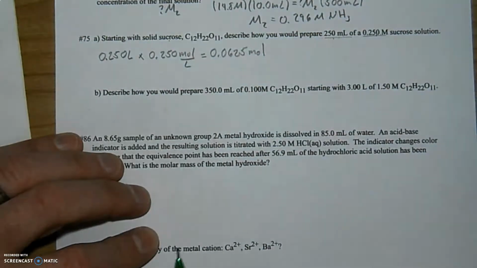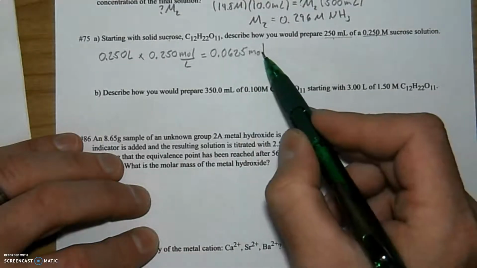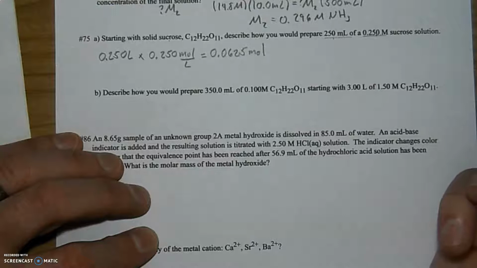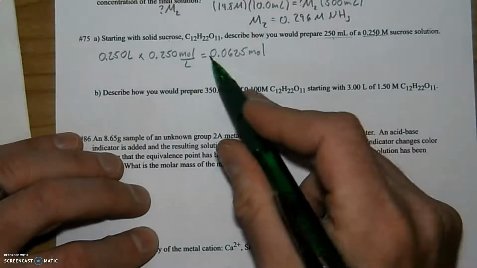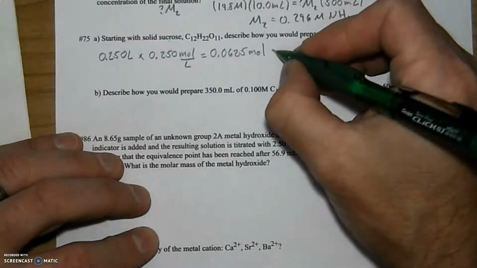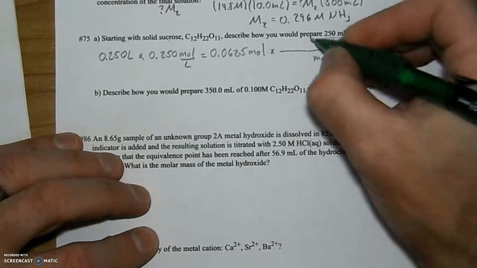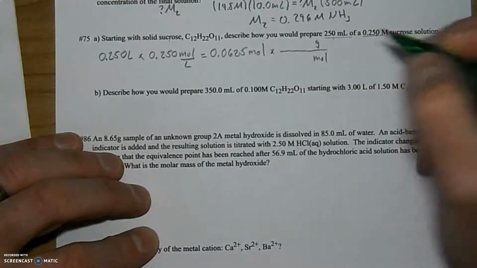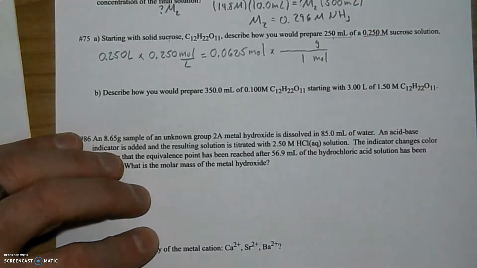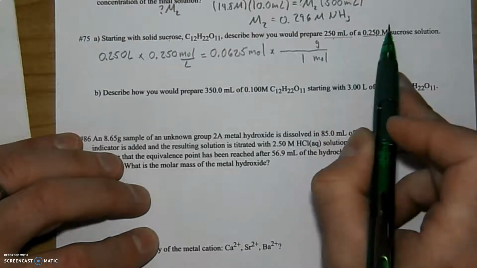Okay, I want to figure out what mass I need, because I have moles here. I'm trying to make this substance, but I can't go somewhere and grab moles of sucrose. I can get grams though. Therefore, if I take these moles and figure out what the molar mass of sucrose is, I can measure out some grams, put it in this volume of solution, and get a concentration.